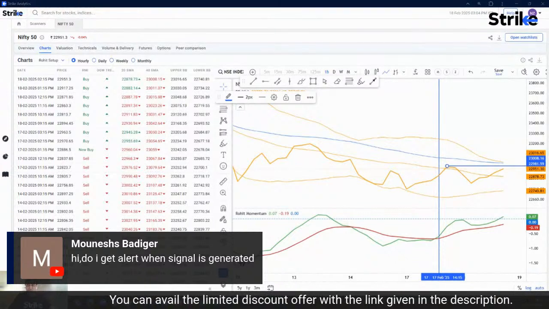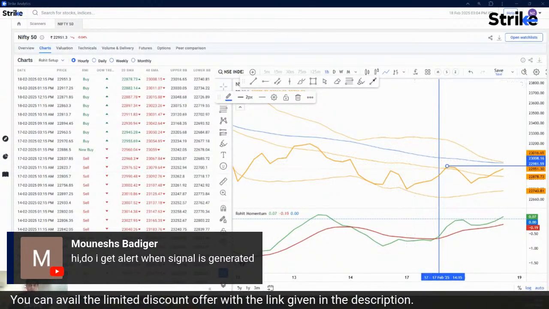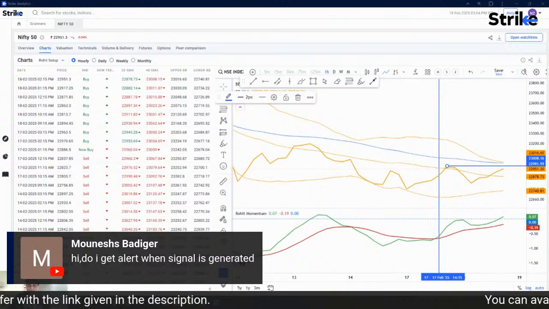Something like this you can do. Currently, there are no alert systems on the Strike platform.